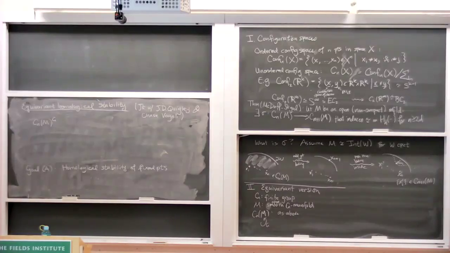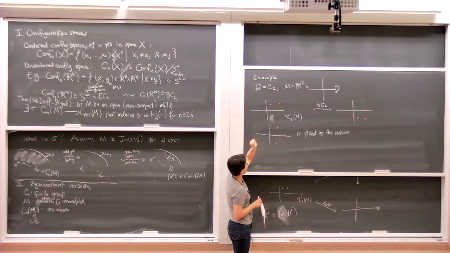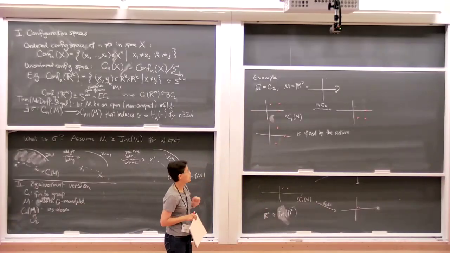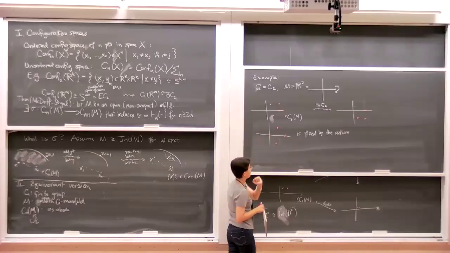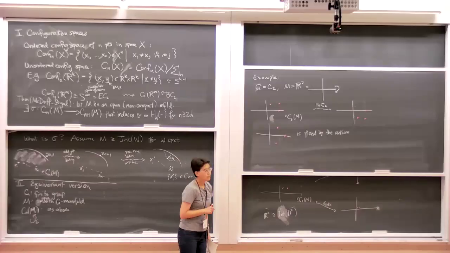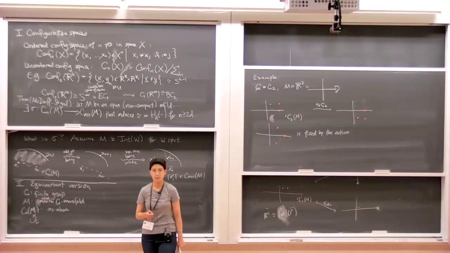Here's a fixed point, and really how you get a fixed point is by picking something that's already a G set. This one isn't a fixed point because the G action takes that set to a different set, but this set is fixed by the G action. So if we want to find fixed points of Cn of M, we just have to find subsets of size n that actually are G sets.